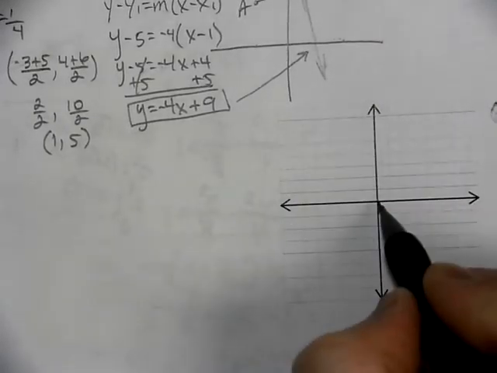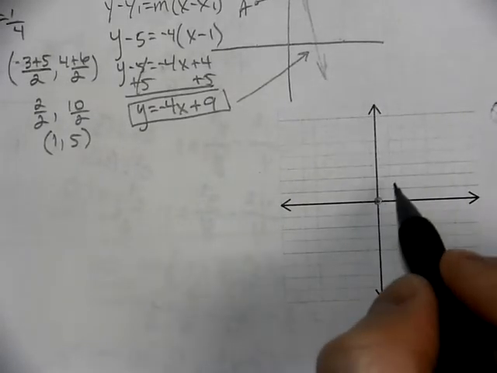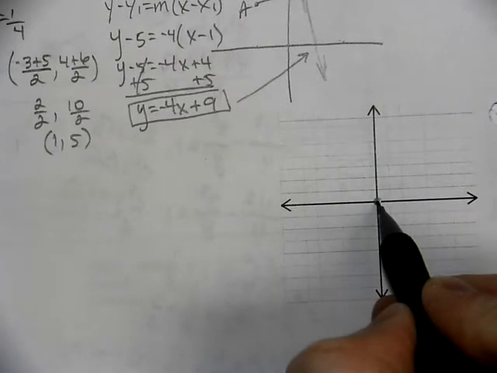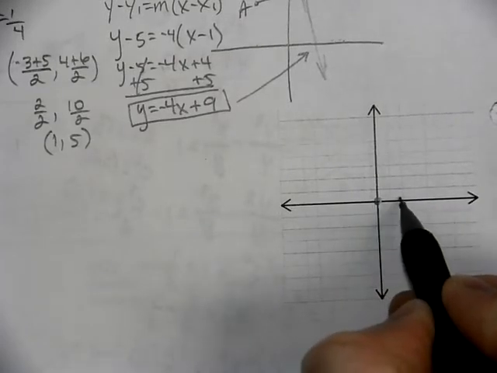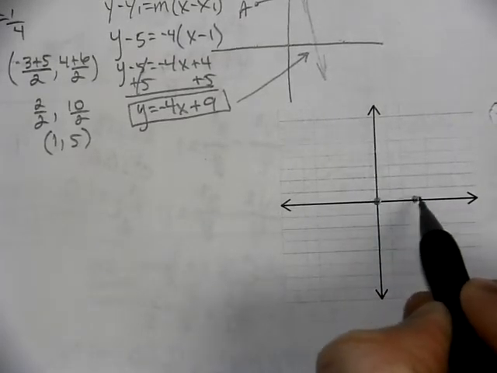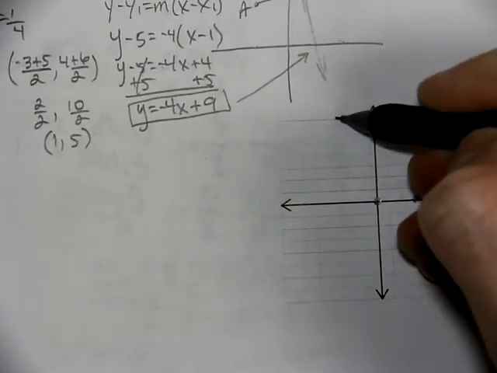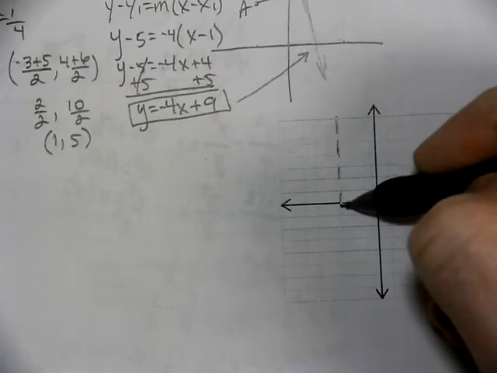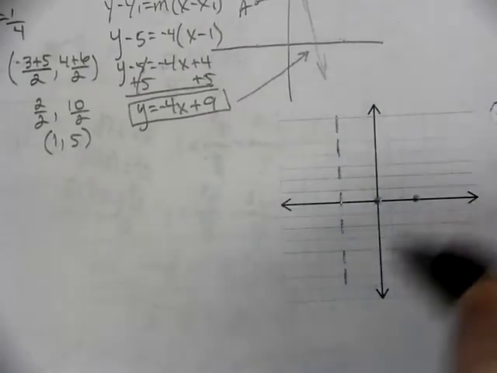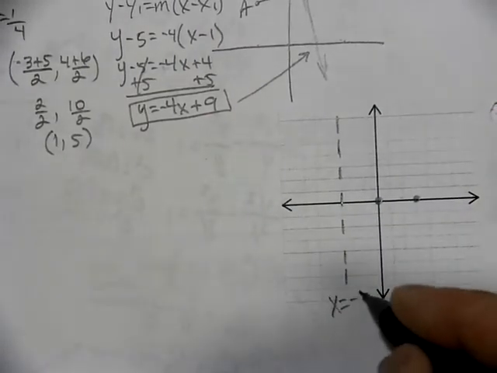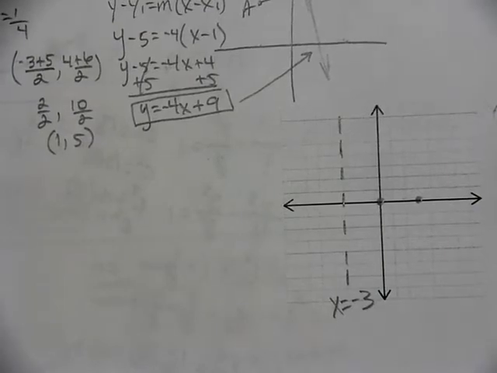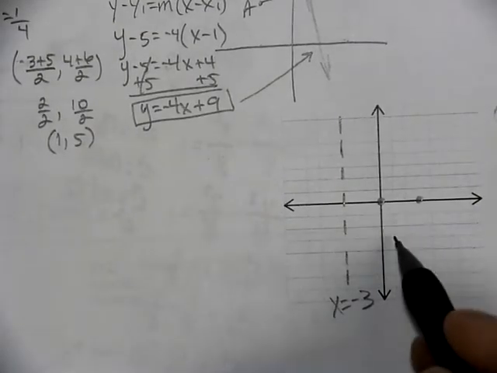So coming over, we have our vertex at (0, 0). We have our focus point, p is 3. So 1, 2, 3. The directrix is the opposite direction, so x equals -3. And then we're going to pick some points.